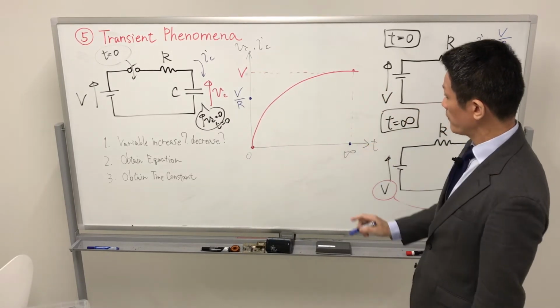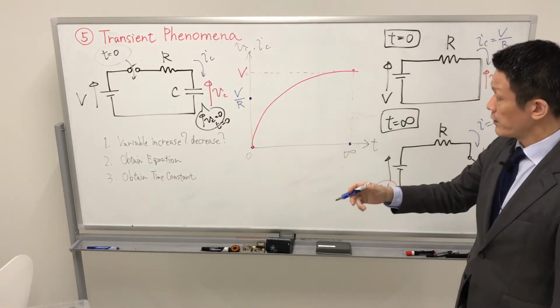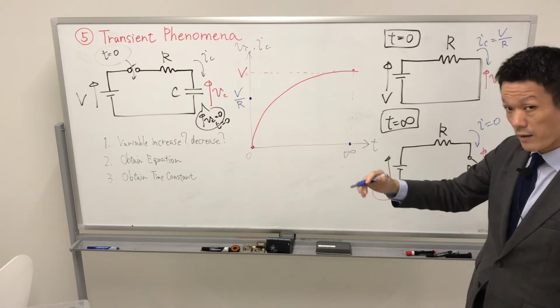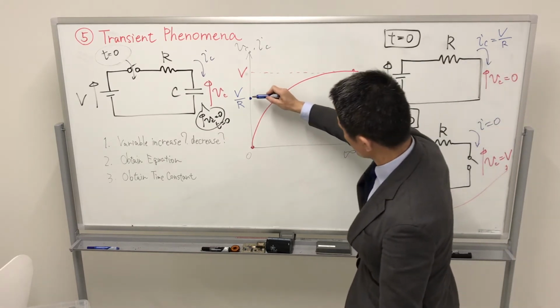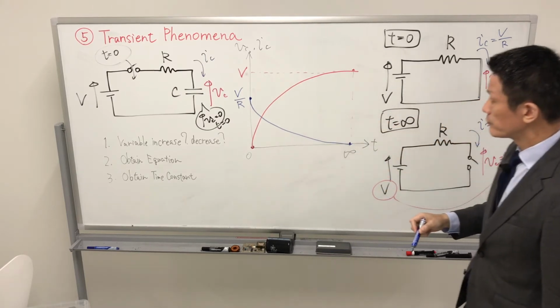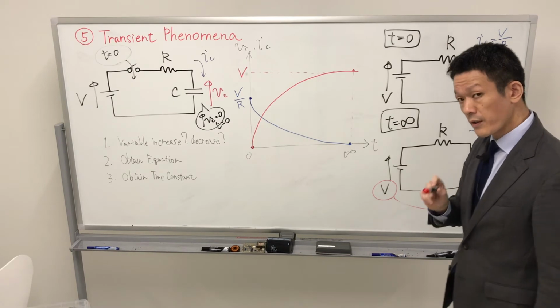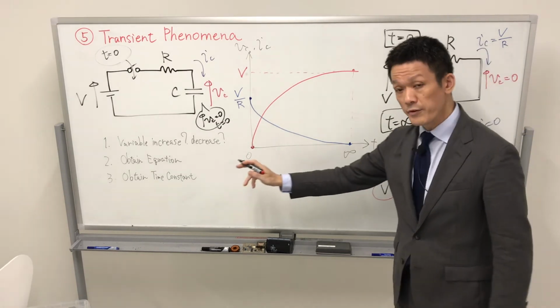In this case, it decreases. In the case of decrease, in the transient phenomena world, the curve is decided like this. The shape of the curve is decided, so the equation is decided.